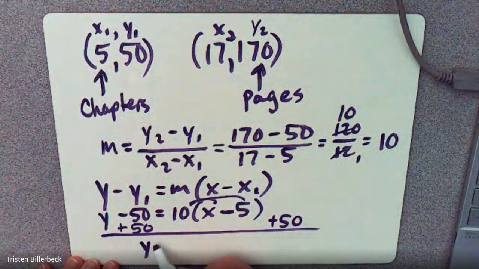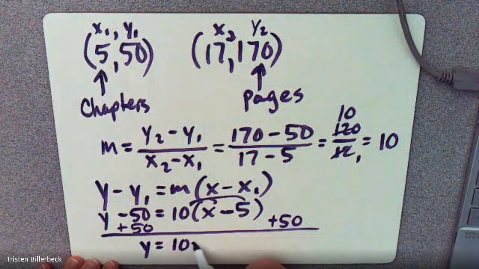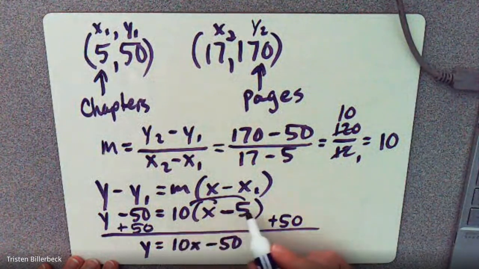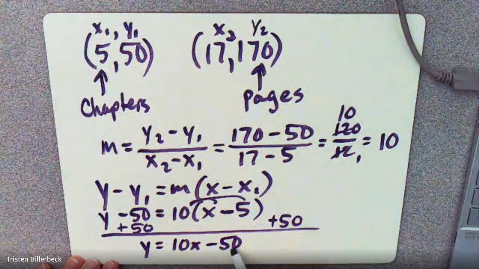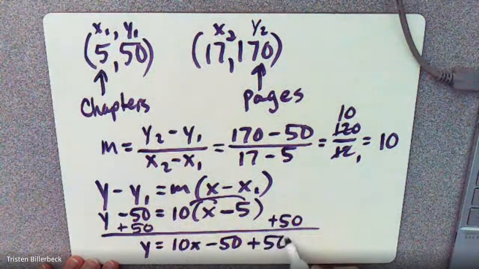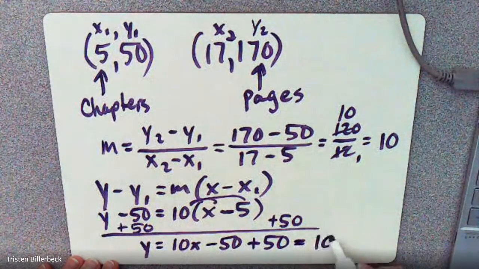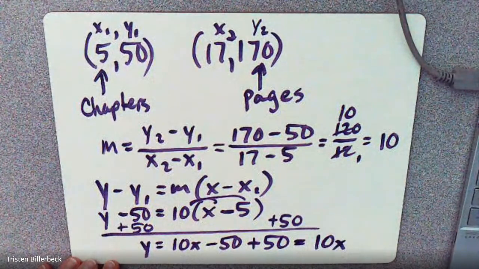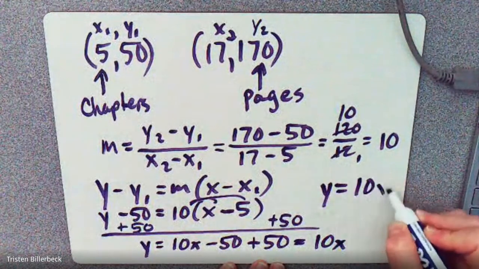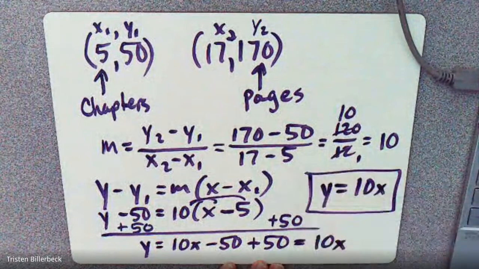So we get y equals 10x minus 50, because 10 times negative 5 is minus 50, and 10 times x is 10x. And then we have plus 50. Well, that just equals 10x. So that means we have an equation y equals 10x as our line of best fit.